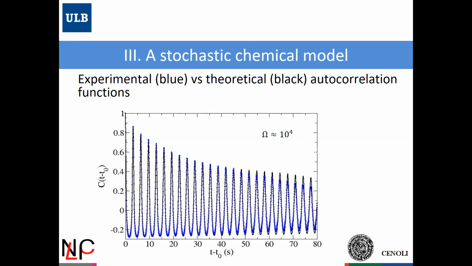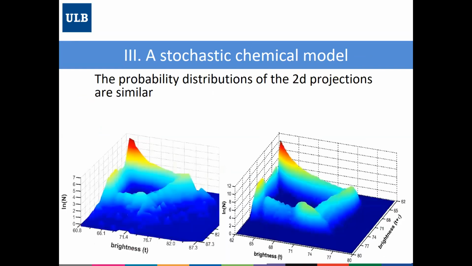Here, in blue you have the experimental autocorrelation function, and in black you have the theoretical autocorrelation function that has been obtained with Gillespie simulations of the chemical mechanism. They match pretty well, and one can also reconstruct what I was showing you before, which is the distribution of probability of observing a brightness. On the left-hand side, you have this distribution from the experiments.